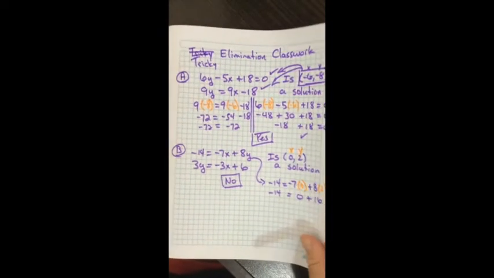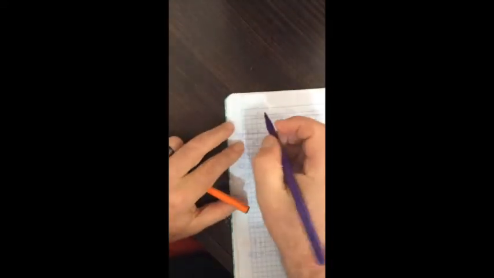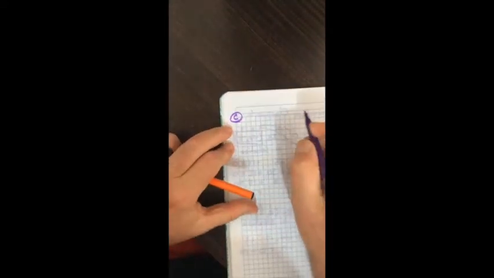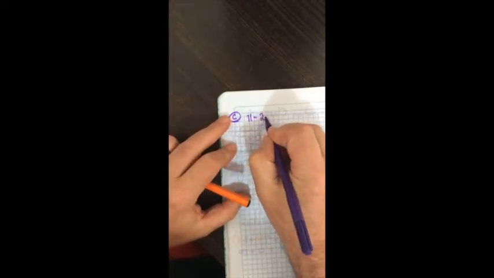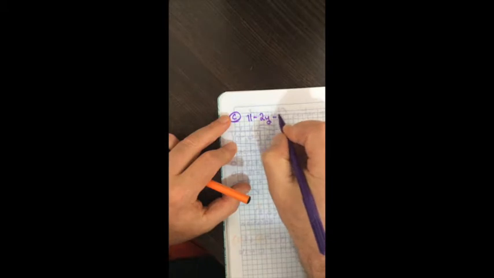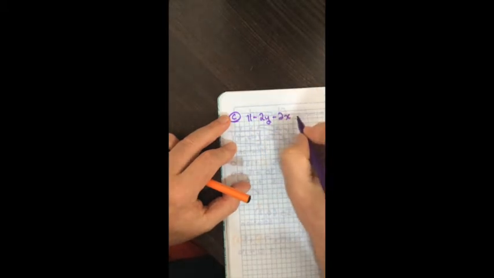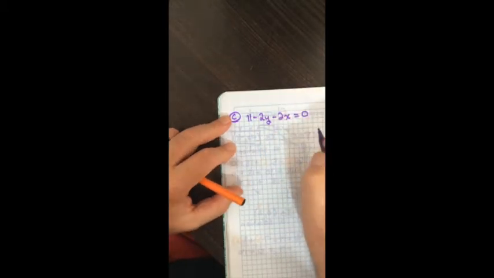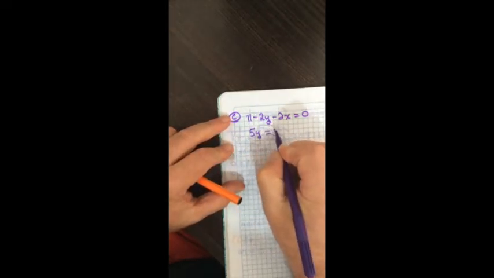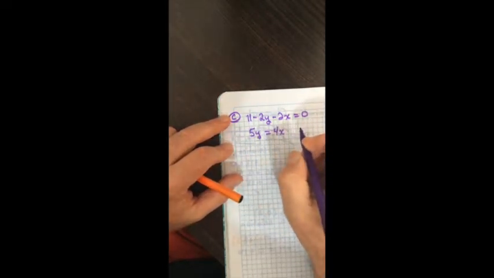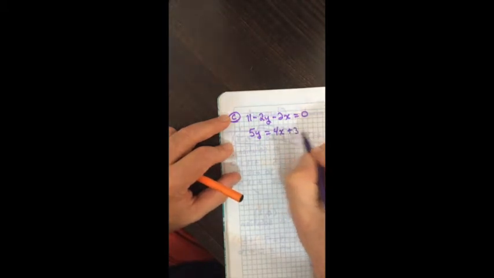All right, what if it's a complicated one? What if it's got a bunch of fractions in it? So let's do letter C right here. Let's start out with 11 minus 2y minus 2x equals 0. And match that up with 5y equals 4x plus 3.